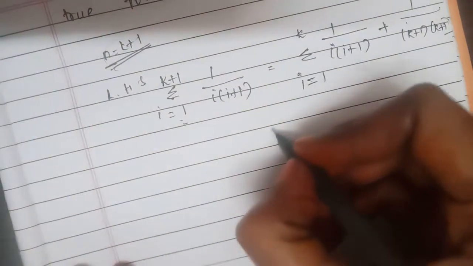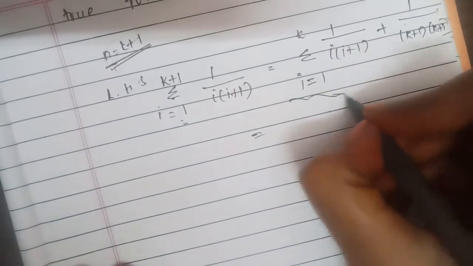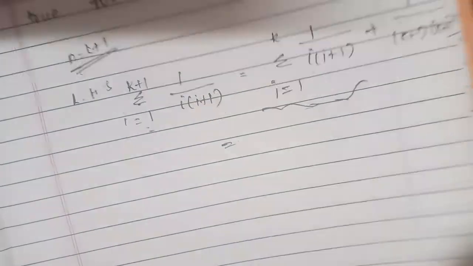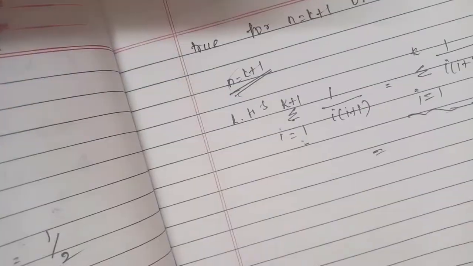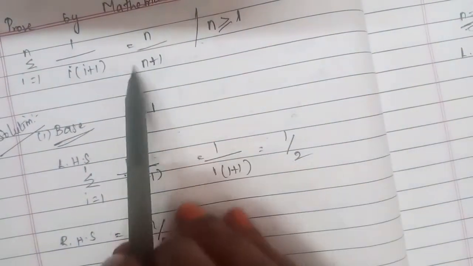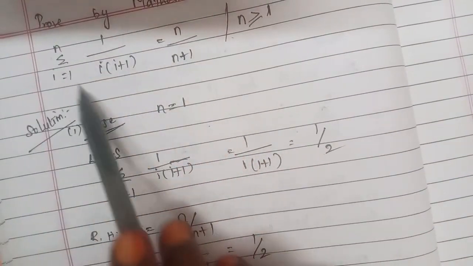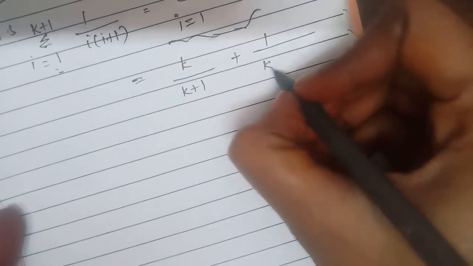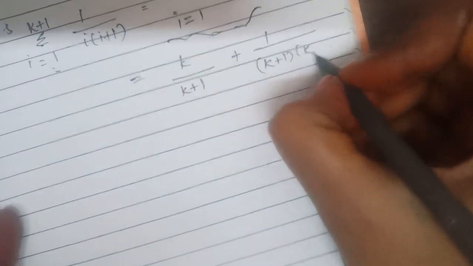So this will be replaced by the given formula, which is exactly in the format of n by n plus 1. In terms of k, we'll replace by k divided by (k plus 1) plus 1 divided by (k plus 1) into (k plus 1).